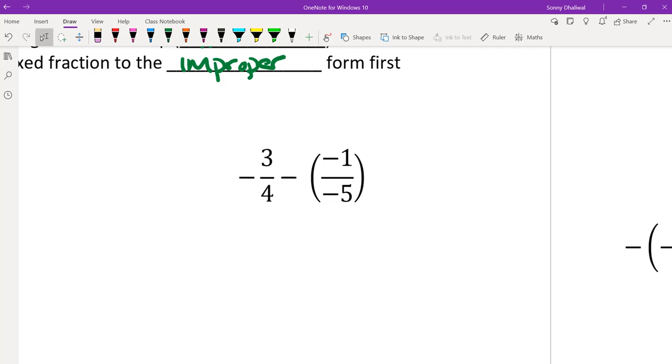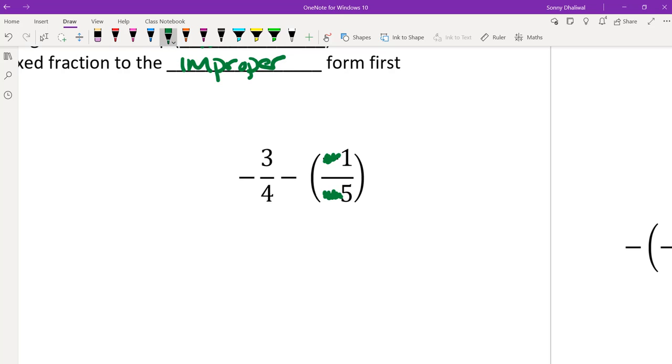I can't take this negative and pair it up with this negative over here to make a positive. That doesn't work. The only negatives that I can pair up have to exist on the same fraction. So I can pair up this negative with this negative because they exist on the same fraction. So those two cancel each other out. But there's nothing else I can cancel out.